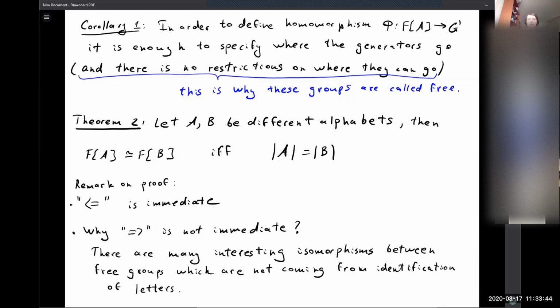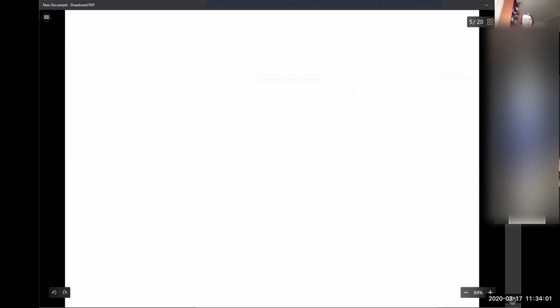And let me talk about the two examples. One will be an example of an isomorphism, and the other will be an example of just a homomorphism, which is actually not surjective. So, example 1.